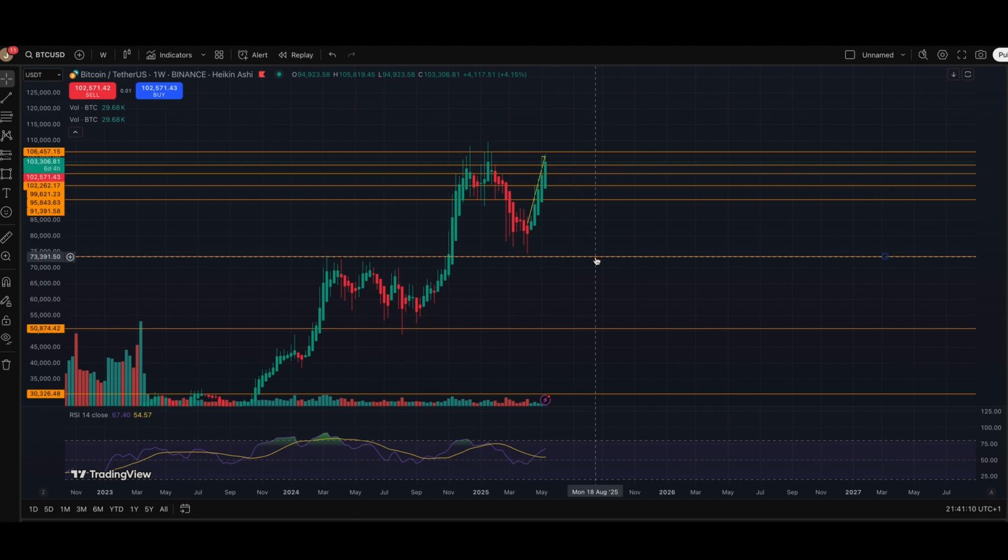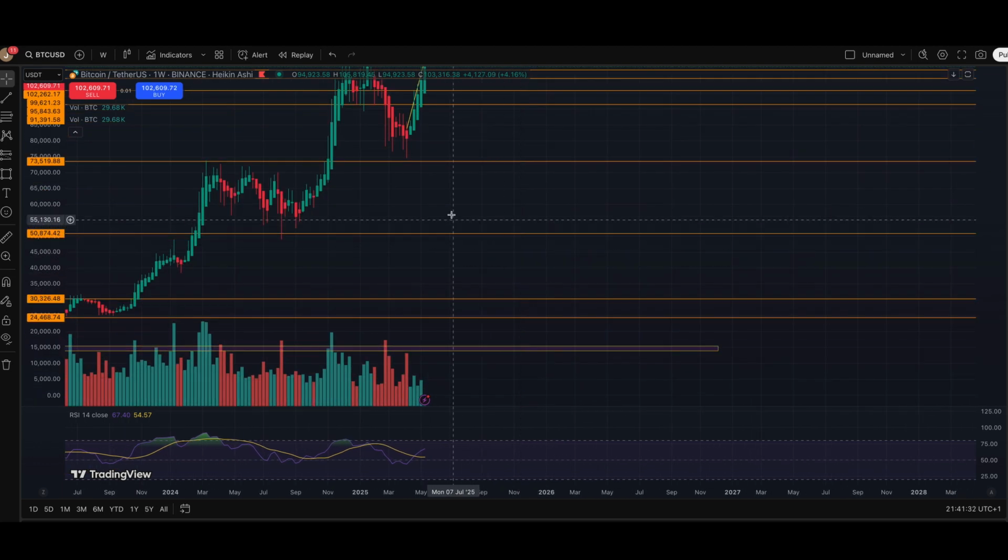If it comes down to 73 again and happens to break below it, 50,000 is on the cards. If it breaks below and retests underneath the 73 support resistance line on the weekly, you've now got the possibility of it heading down to 50,000 and so on.